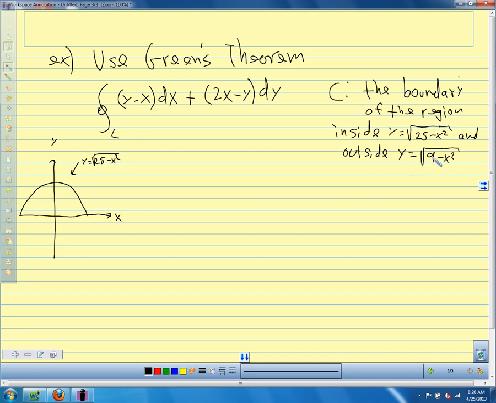And the second one is the top half of a circle of radius 3. So there's our inner boundary. Our line integral is taking us in the positive orientation around this curve.